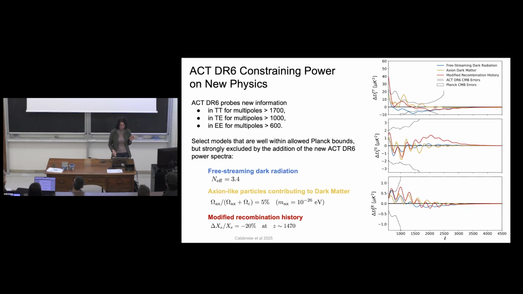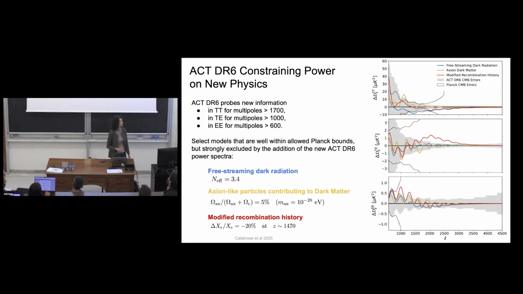Now, if you plot on that what Planck can do for those models, you get these bands. Here, the edges of this band, these black lines, are showing the Planck sensitivity to those cosmological models at those scales. And you can see that you can't really tell apart these different models.